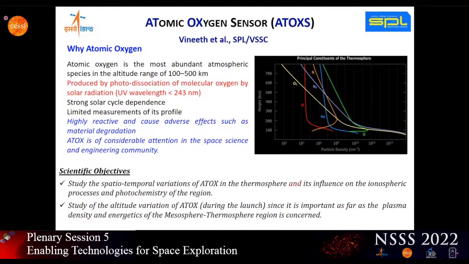The scientific objective of the atomic oxygen sensor, proposed by Vineet et al. from Space Physics Laboratory, is to study the spatiotemporal variations of atomic oxygen in the thermosphere and its influence on the ionospheric processes and photochemistry of the region, and to study the altitude variation of atomic oxygen during the launch, since it is important as far as the plasma density and energetics of the mesosphere and thermosphere region are concerned.